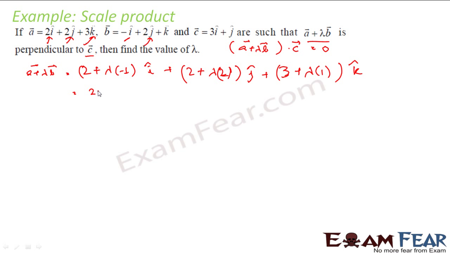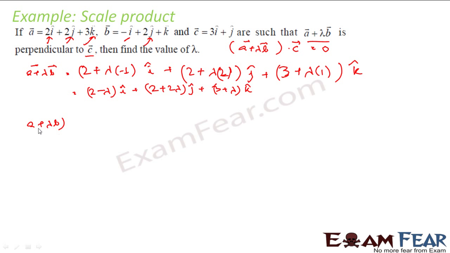So what I get is (2 minus lambda) I plus (2 plus 2 lambda) J plus (3 plus lambda) K. This is my A plus lambda B vector.